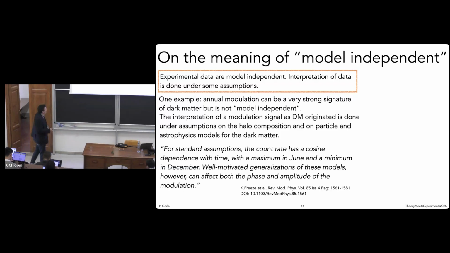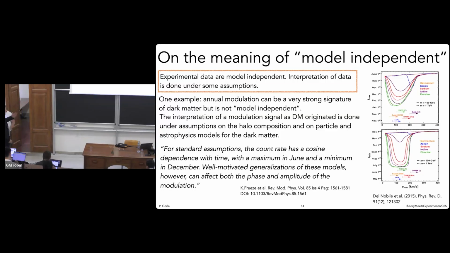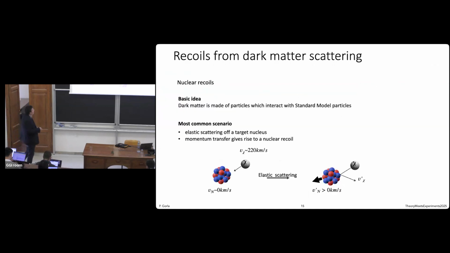But you can pick interactions, this is from a paper by Katie Freese and collaborators, in which the phase of the oscillation is shifted, or even the amplitude is shifted. So you get variations that completely change even your modulation. So even modulation is not a model-independent observation. It depends on the interaction you pick and the halo you have. So just to say that when you look into data, you have to take it with a grain of salt. That's very simple.